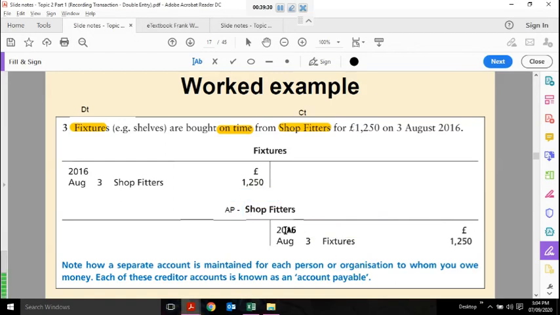The item and date must be the same, and the figure also must be the same. If you have multiple transactions and various parties, you may have to open many T accounts.